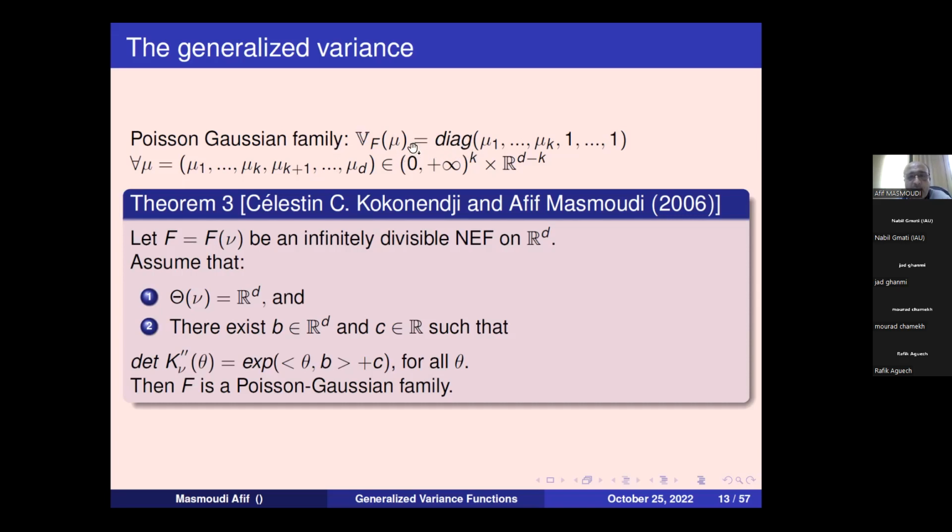Here, the variance covariance operator is the diagonal matrix mu1, ..., mu k, 1, 1, 1.